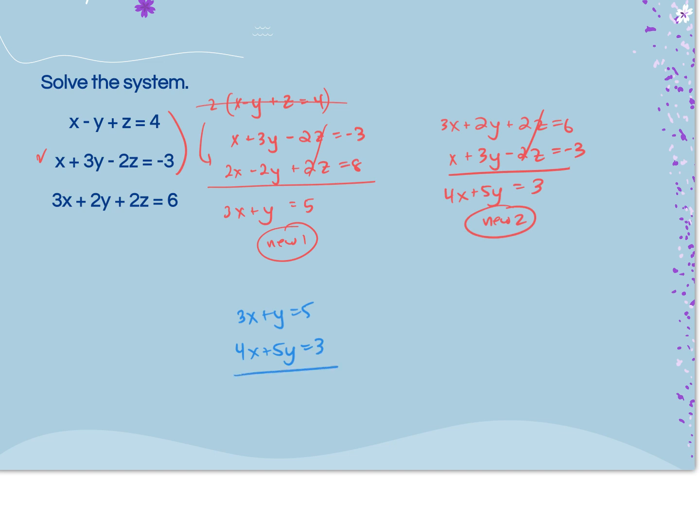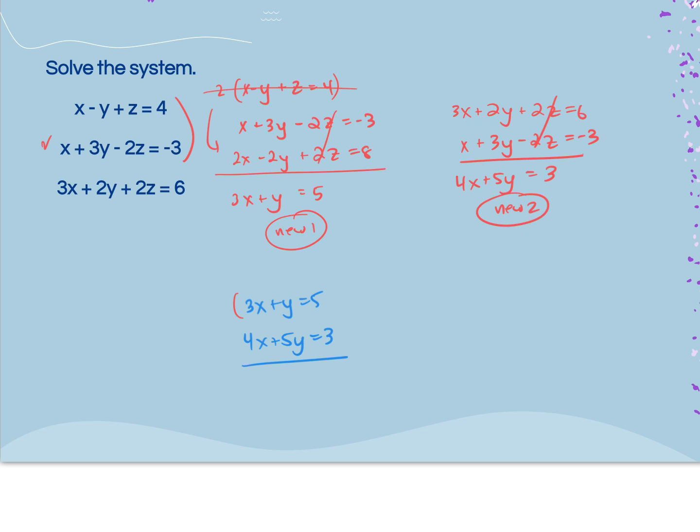and I have to eliminate another variable. So for me, I think it's probably easier to just multiply the top by negative 5, okay? So when I do that, I'm going to end up getting minus 15x minus 5y equals negative 25.